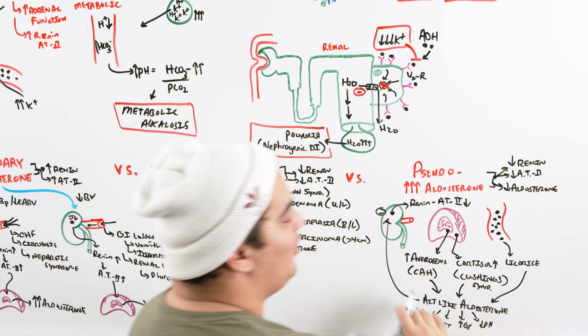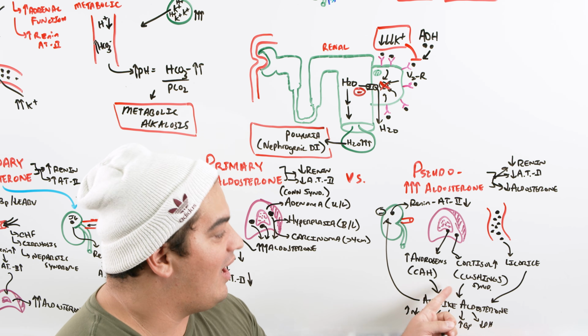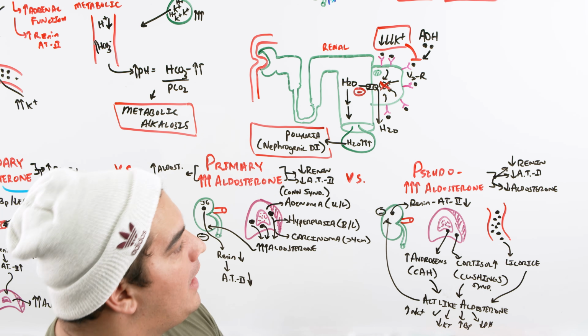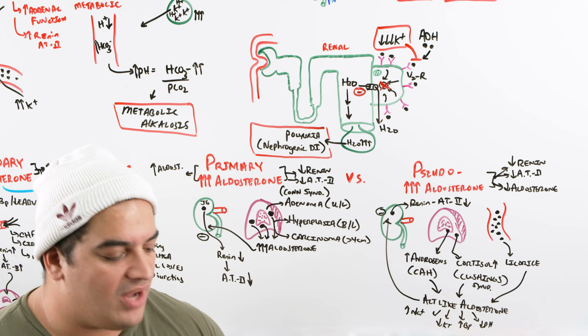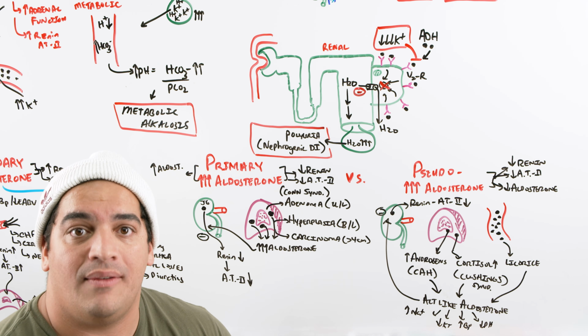Because it has nothing to do with the aldosterone, it's all to do with the patient producing other steroid hormones that act like aldosterone. Very weird, right? But that's called pseudo-hyperaldosteronism.